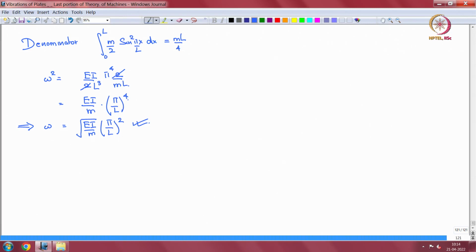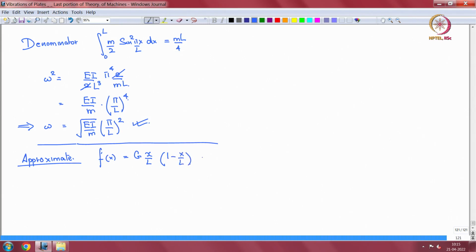Now, if we do not substitute the exact mode shape, mostly you will not know what the mode shape is for a structure, but you know the geometric boundary conditions. So approximately, suppose I choose f of x as some constant times x by L times (1 minus x by L).